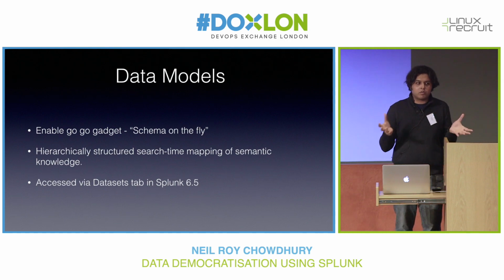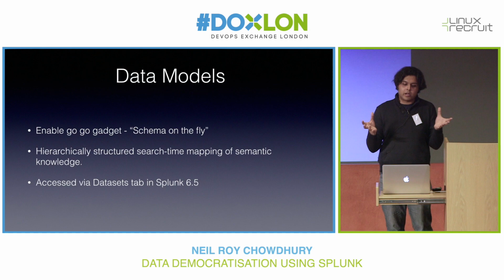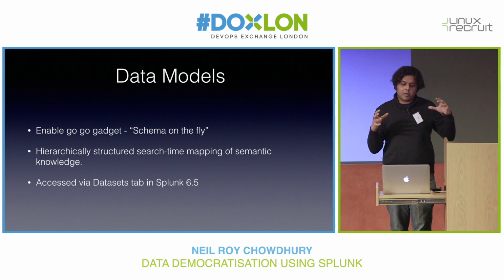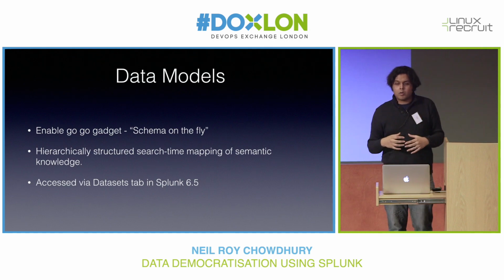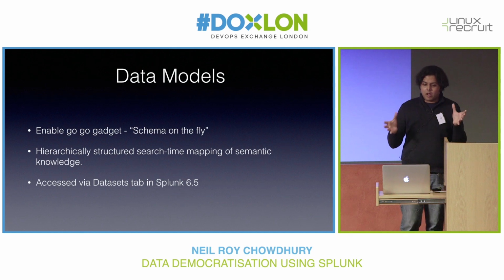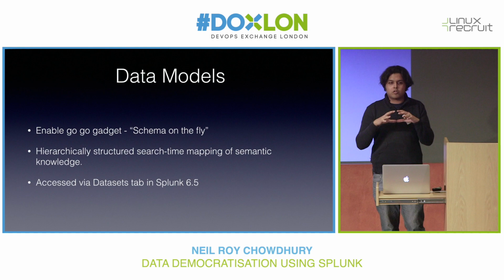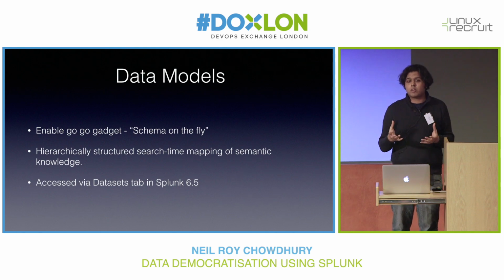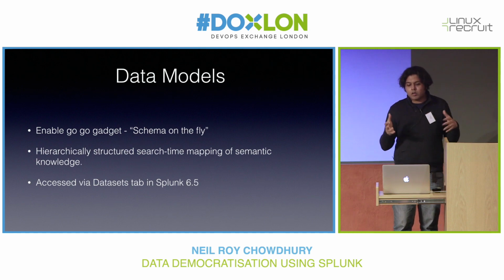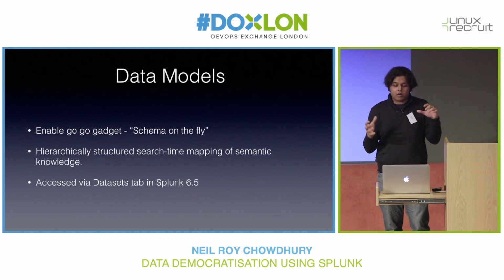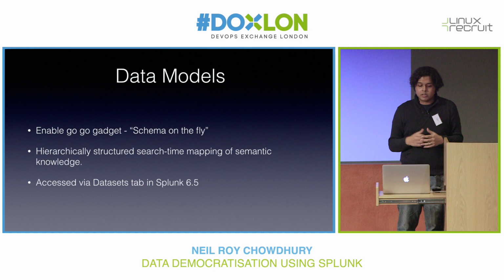We've already noticed how knowledge objects can be committed centrally to the pipeline, but what data models give you is a way of abstracting what those knowledge objects are into meaningful representations as a schema itself. It's basically a hierarchical structured search-time mapping of your knowledge, right?